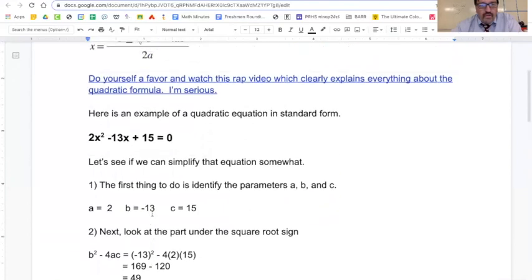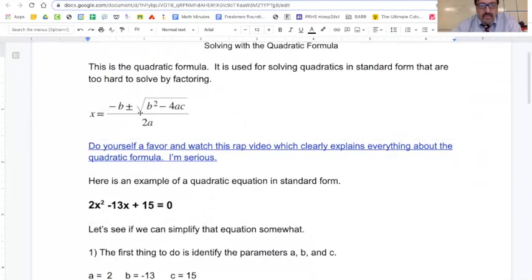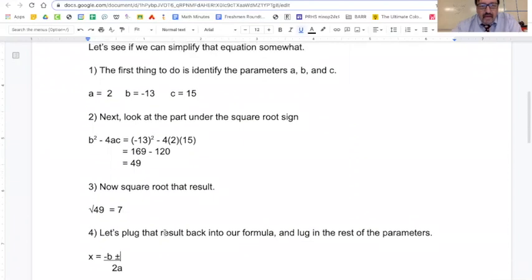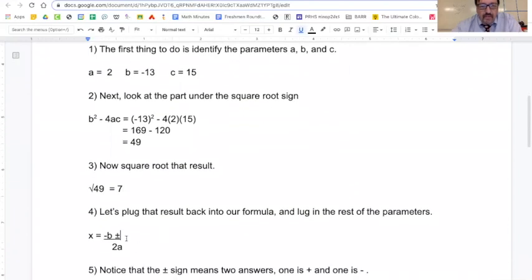All that work we just did simplifies this whole section right here, the square root of b squared minus 4ac. It's just 7. So let's plug that back in. I've got plus and minus, well, that whole thing that we just did is just 7. And I need to plug in my other numbers.